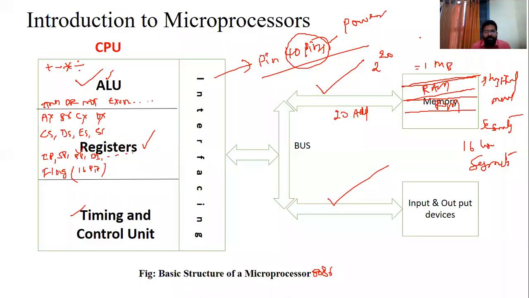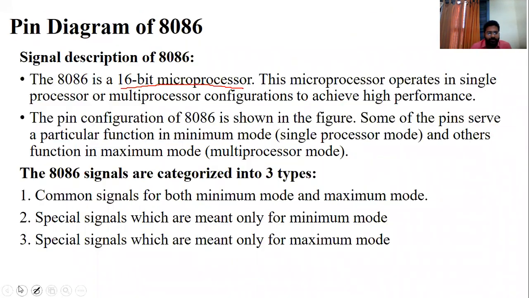By using these 40 pins only, you can effectively connect any of the input-output devices and memory devices. The 16-bit size refers to the register sizes used in the microprocessor.